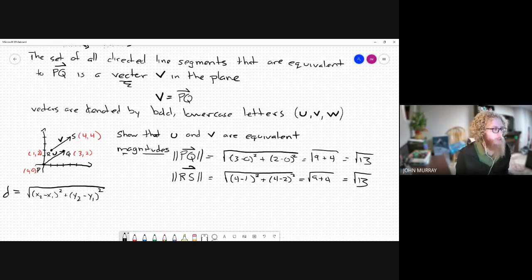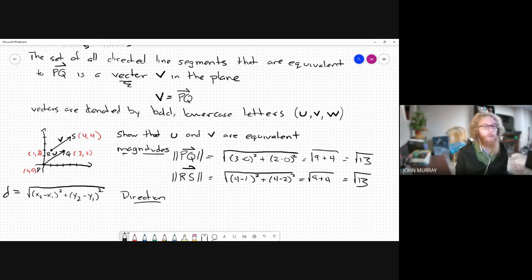Once we figure out the magnitudes are the same, we have to double check to make sure the direction is the same. They look like they're going in the same direction, but this is just a sketch, and my x and y axes might not be that accurate. I accidentally skipped too much space here.